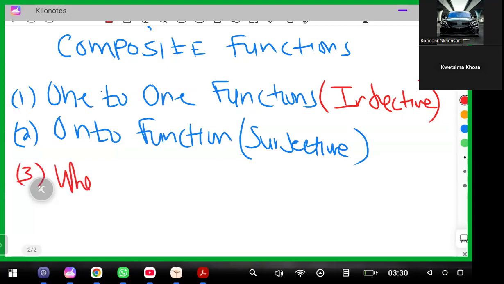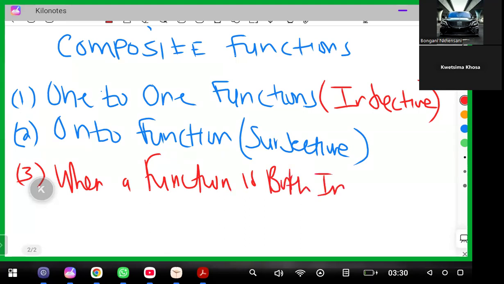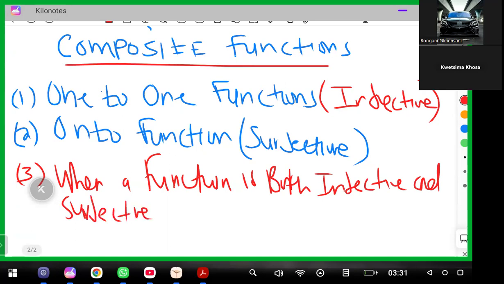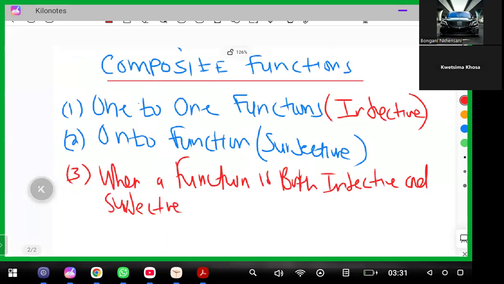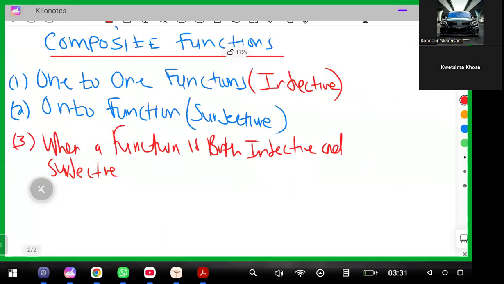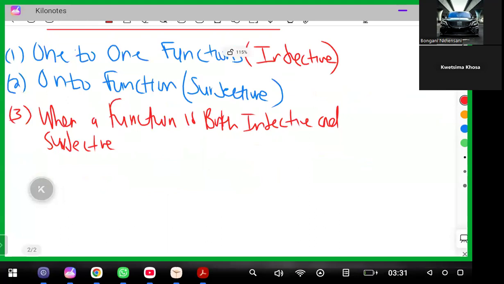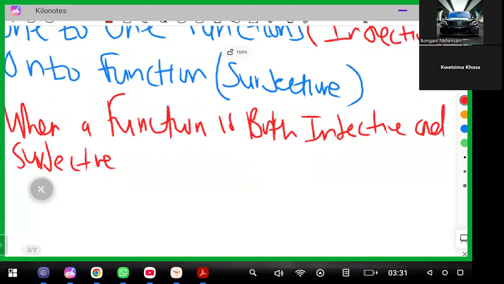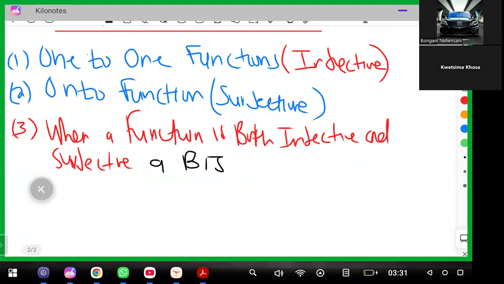It's when the function is both injective and surjective, meaning you'll have to check for both. If it's both, then we call that particular function a bijective function.